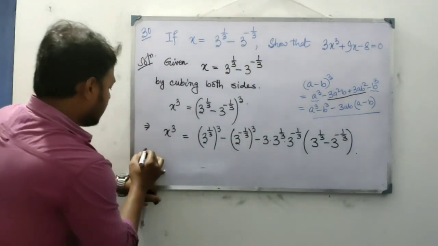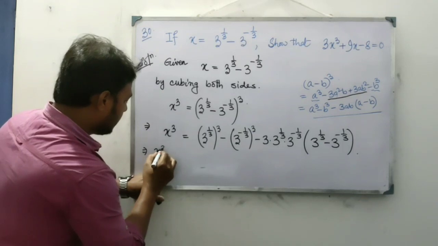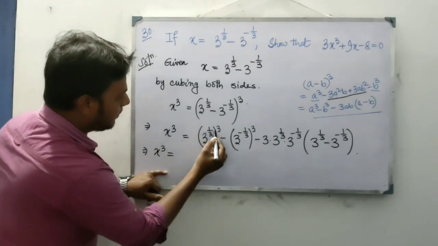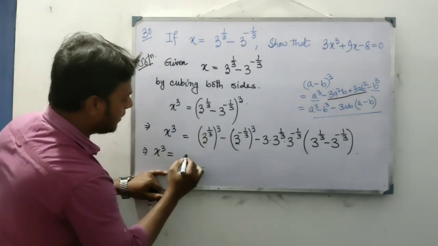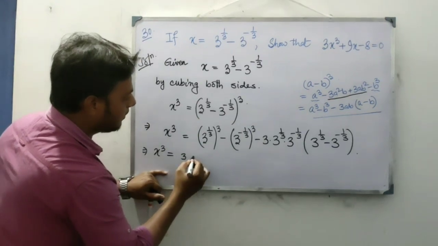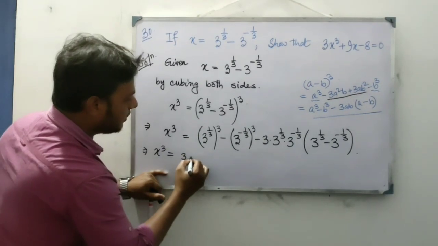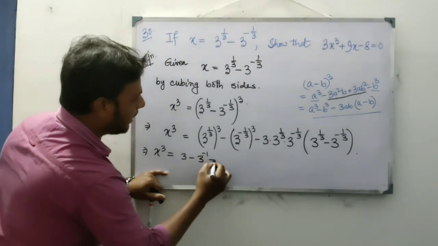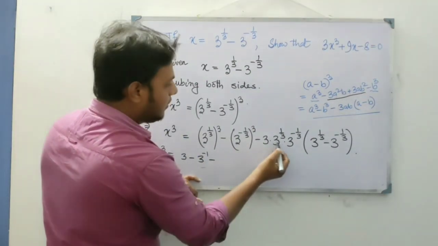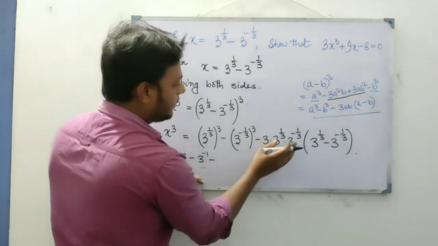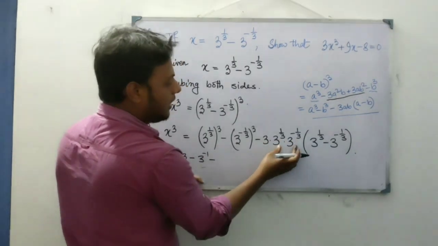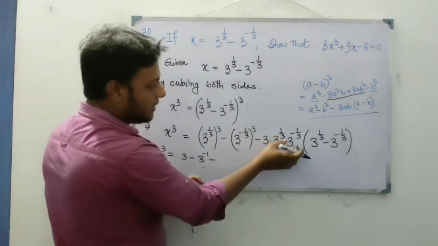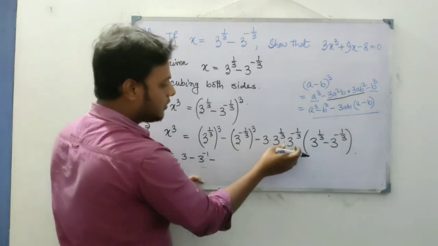Left hand side is x cube. We can multiply these two powers, so it will be 3 to the power 1 by 3 minus 1 by 3, which is 3 to the power 0, since 1 by 3 minus 1 by 3 means 0.